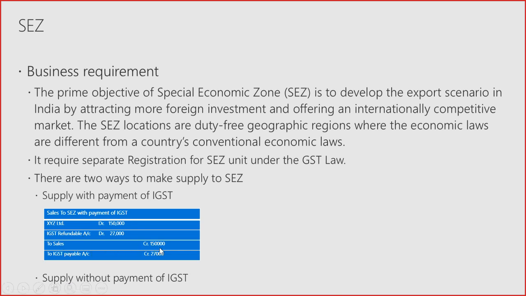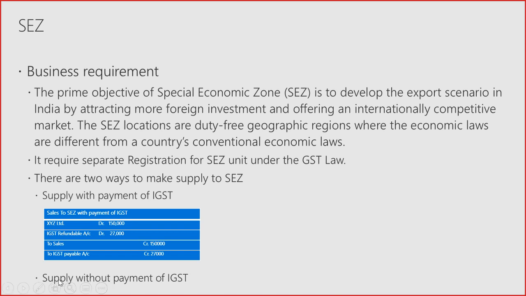And of course, this is sales account, and the last one is the same as a normal sales, which is IGST payable. So basically, the special thing for selling to SEZ is you should debit to a special account called IGST refundable account.